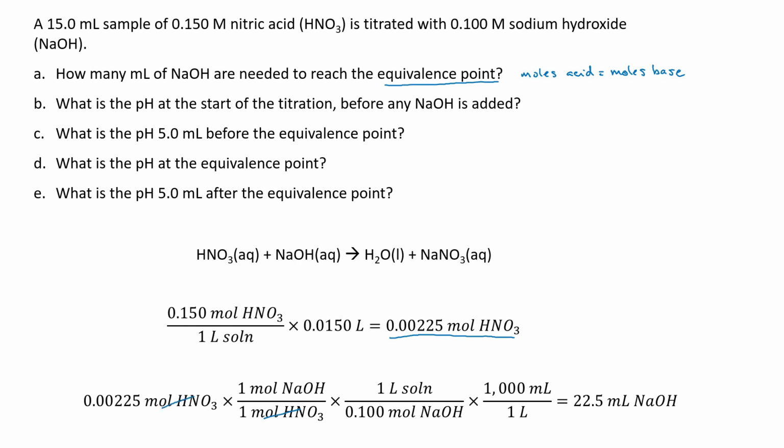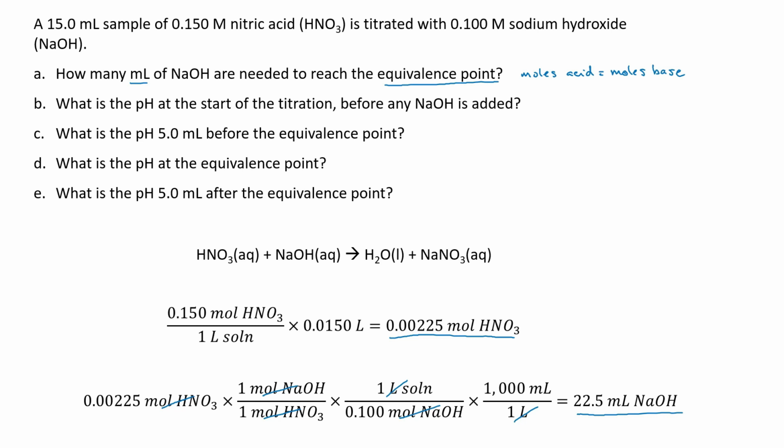Of course, I need to get all the way to milliliters here, so I'm going to use my concentration of sodium hydroxide, which the problem gave me, to convert from moles of sodium hydroxide to liters of solution. However, I have one more step because my problem asked me for milliliters of sodium hydroxide, so I just convert my liters into milliliters, and that gives me 22.5 milliliters of sodium hydroxide.